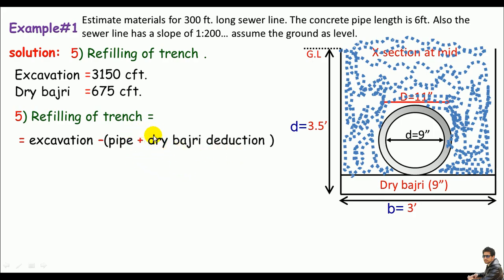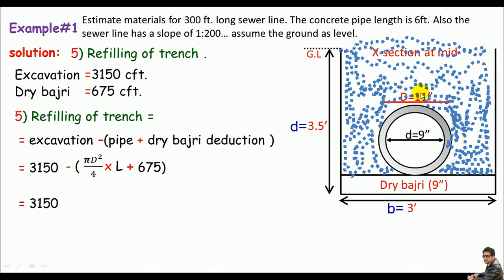Let's do some plugging in over here. The excavation is 3150 CFT, minus the pipe volume. Remember, the pipe is circular in section, so the cross-sectional area times the length will be the volume of the pipe, and the cross-sectional area of this pipe will be the area of a circle, which is pi d squared divided by 4, times the length, plus the dry brickwork, which is known as 675 CFT. For the diameter, I'll take the external one, which is 11 inches.